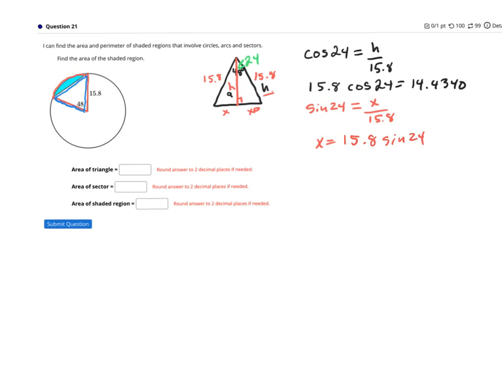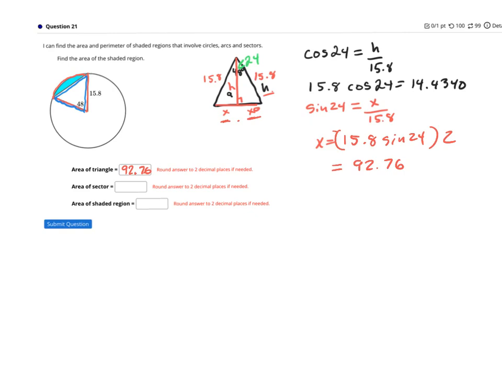Now, that's going to give me x, but I have to multiply that by 2 so that I get the length of the whole base. So we're going to multiply this by 2. When I do that, I'm going to end up with 92.76 is going to be the area of one triangle.